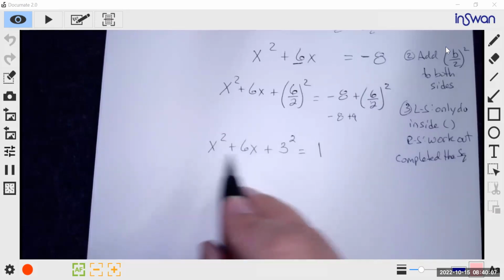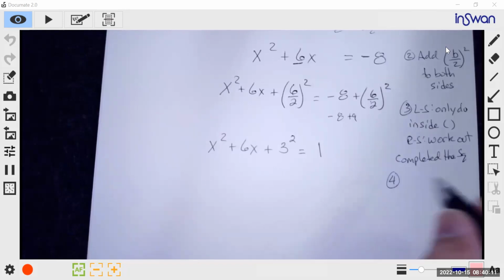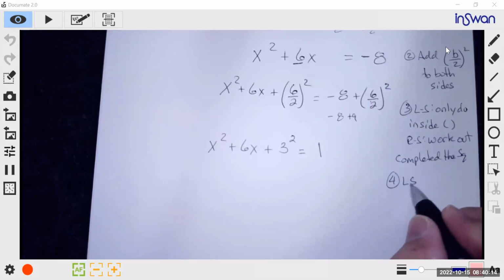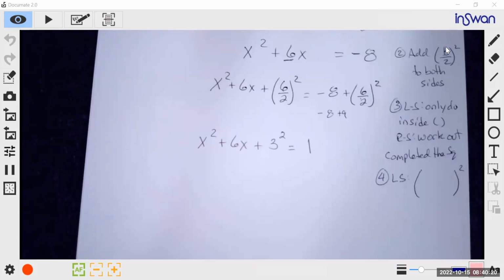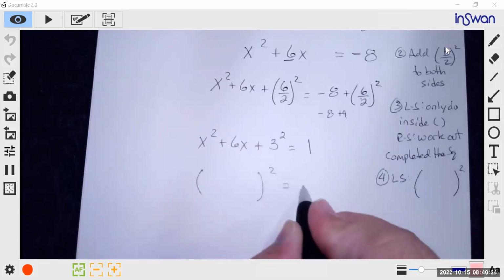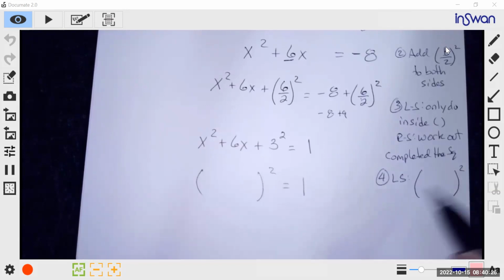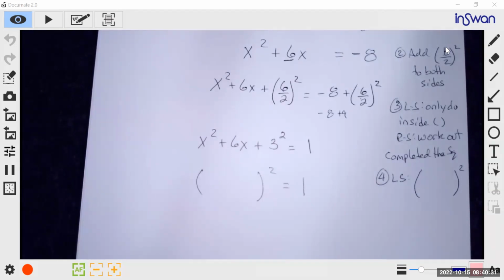Because we set up this equation, for the fourth step, the left side, we're going to put it in the parentheses squared. We're going to take this entire equation and cram it in there.